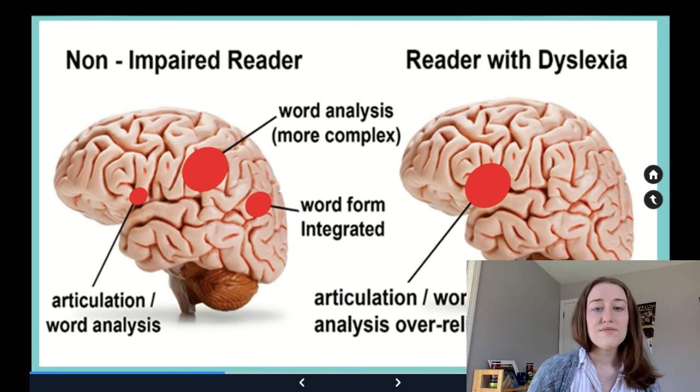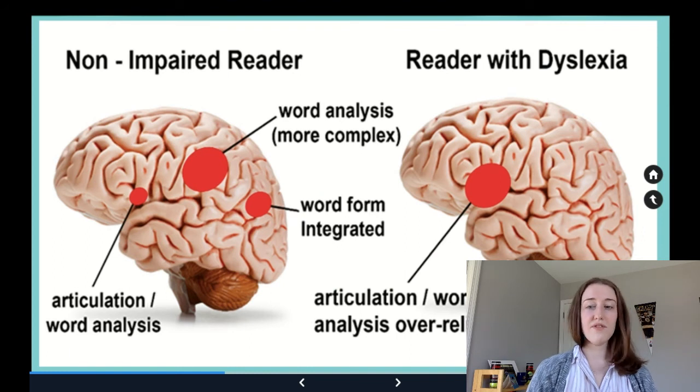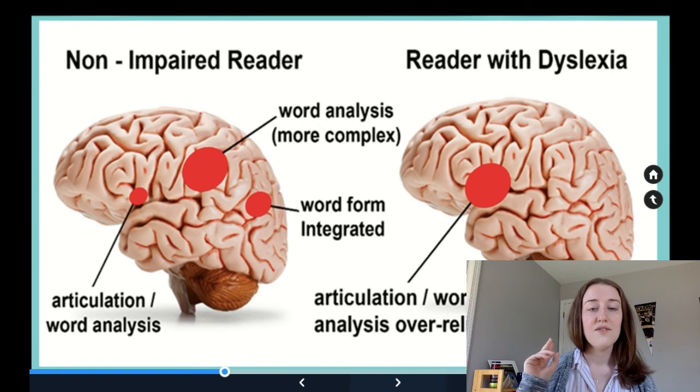That means Broca's area is overcompensating for the lack of activation within the parietotemporal area and the occipital temporal area, which is one of the things that leads to a lot of trouble with connecting sounds to letters and figuring out what word means what.